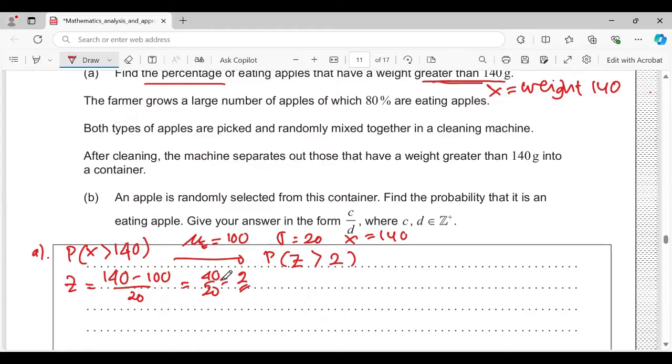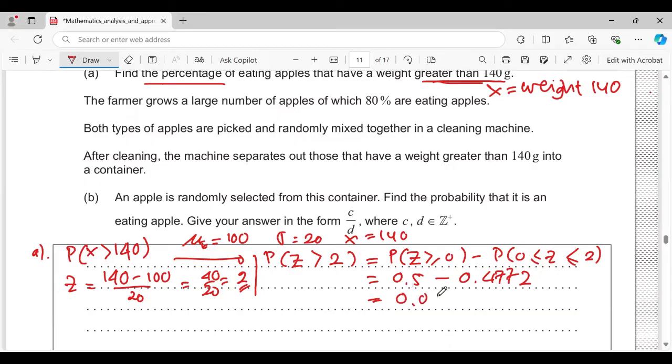This is the probability Z greater than or equal to 0 minus the probability Z between 0 and 2. From the table, we find 0.4772, and the result is 0.0228.